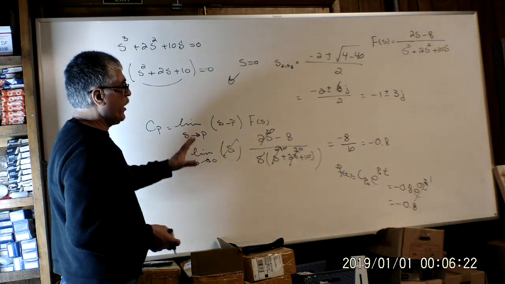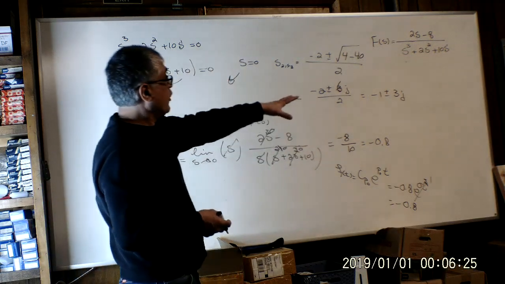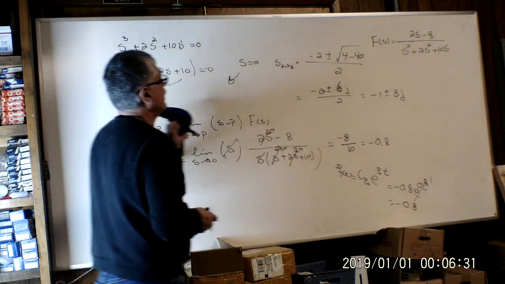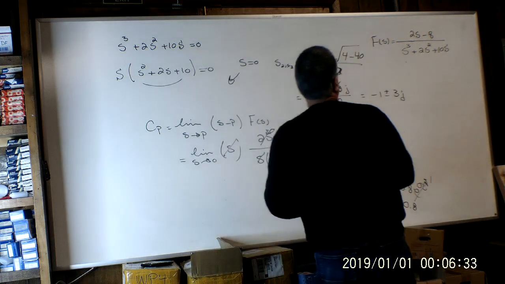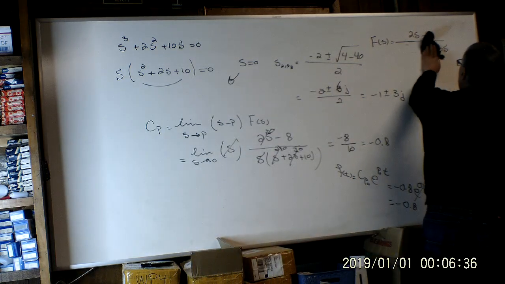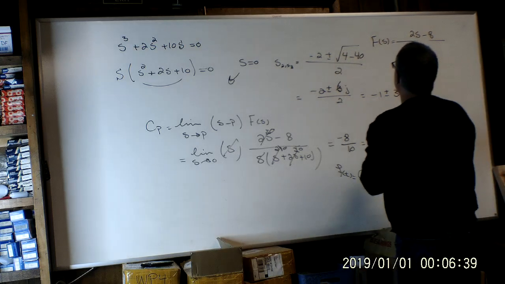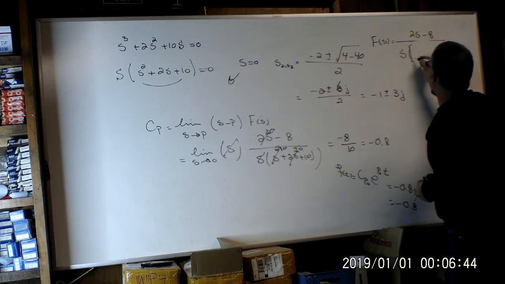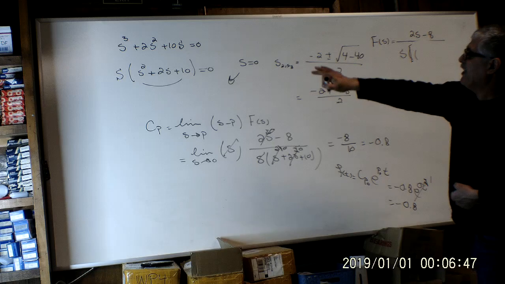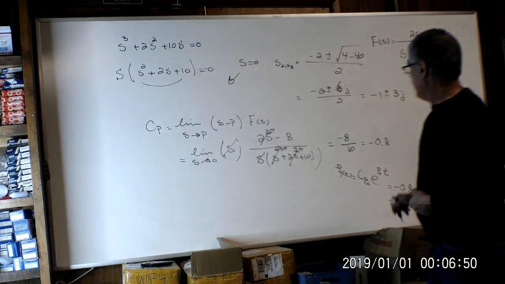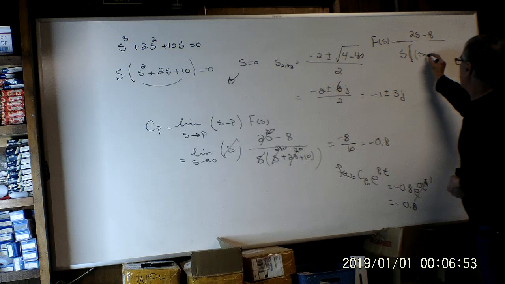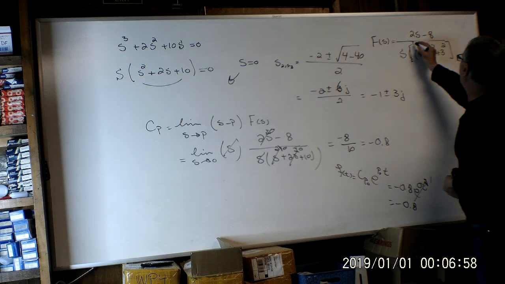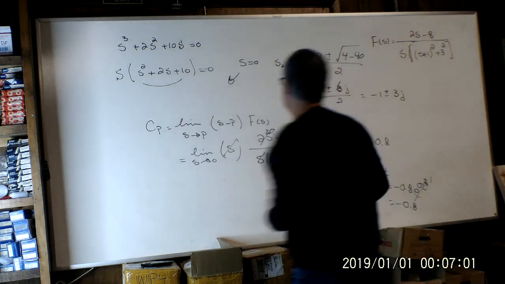Now we have to find our f(t) associated with the complex number. For that reason, we know that we can factor out. So this can be written as s multiplied by, we can factor out s squared plus 2s plus 10 as (s plus 1) squared plus 3 squared. So we can write down F(s) like that.